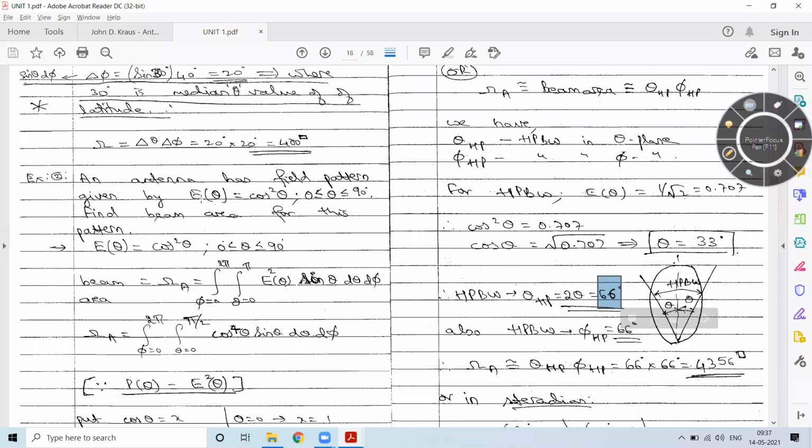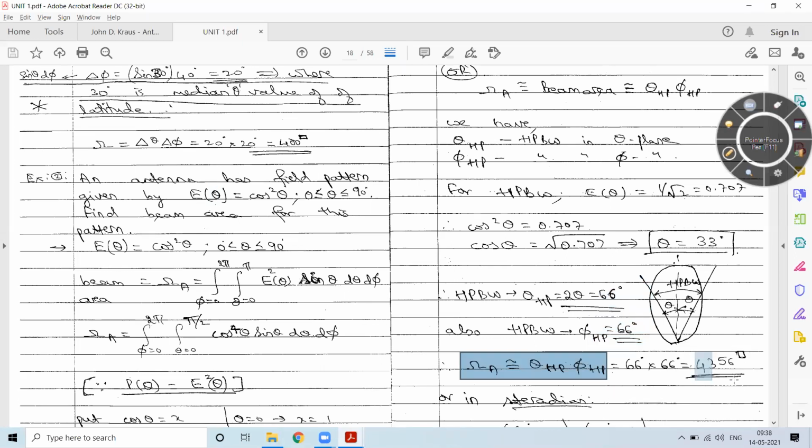Since the field pattern is given in only one direction, in the other direction we assume the half power beam width is the same. So we assume that phi HP is also equal to 66 degrees. Now when we multiply these two values, theta HP and phi HP, we get the approximate value for the beam area.